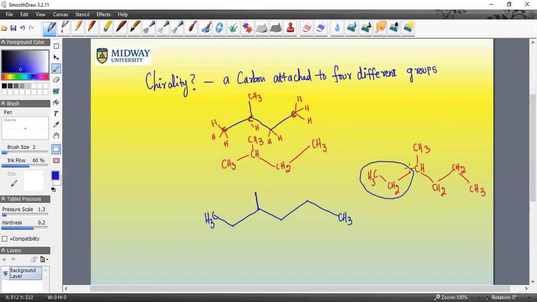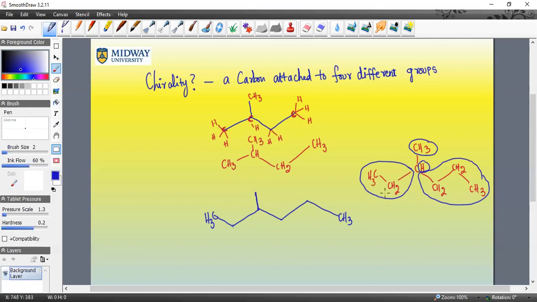That's what I keep saying: you're not just looking at this bond between the CH and CH2, you're looking at everything that's attached on one side to this carbon. Similarly, this side is attached to this massive group on the other side. And then you have the CH3 and the hydrogen. So you have 4 different things attached to this carbon.